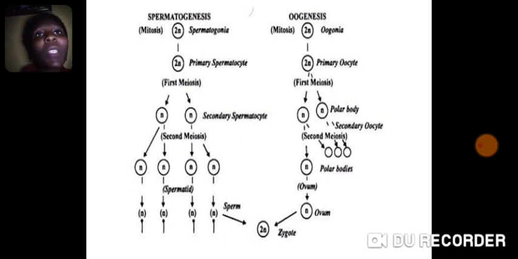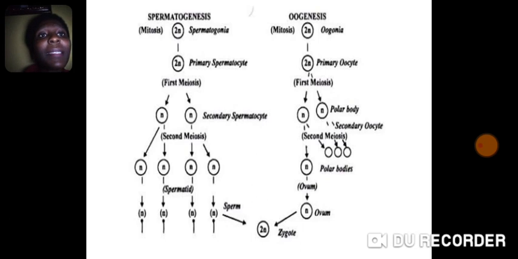But we're talking about spermatogenesis, that is sperm production, and you know that the number should be haploid. So take note that this diploid will have to divide to haploid. So how will this happen? Spermatogenesis is just a process whereby the diploid spermatogonia will differentiate to become haploid spermatids.